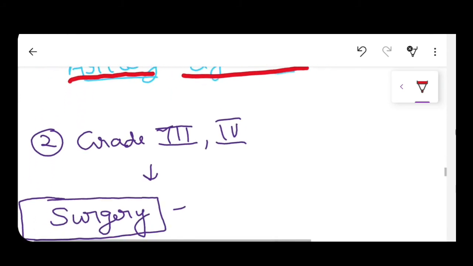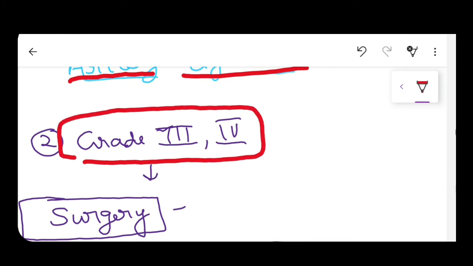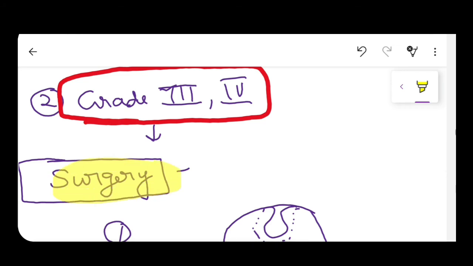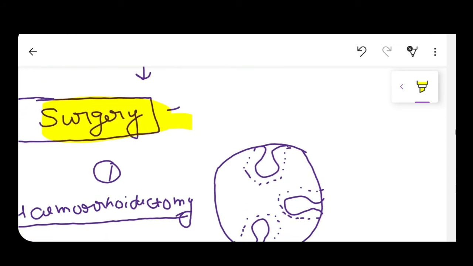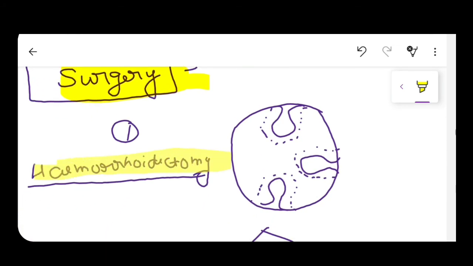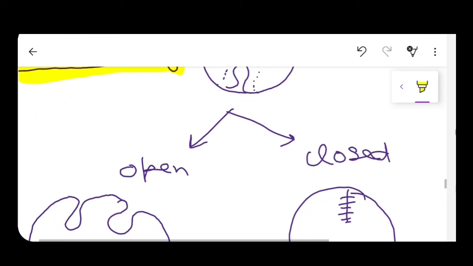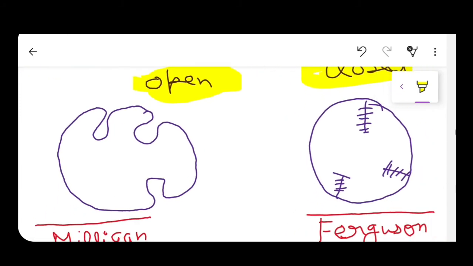Now guys, treatment for grade 3 and grade 4 hemorrhoids. In this we go for surgery. So the surgery is the hemorrhoidectomy. Hemorrhoidectomy is a surgery for hemorrhoids. There are two types of hemorrhoidectomy, one is open and another is closed. In the open type, after the hemorrhoidectomy, we do not suture it back and it is left open.